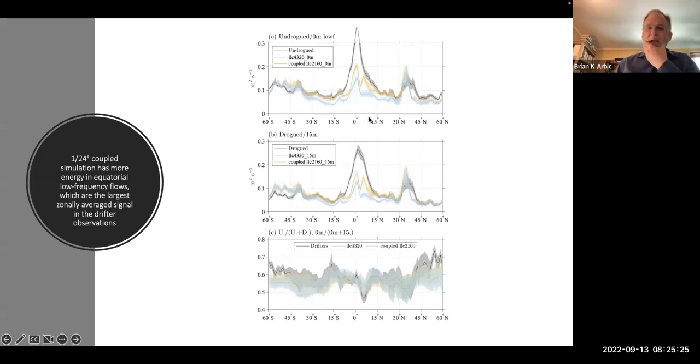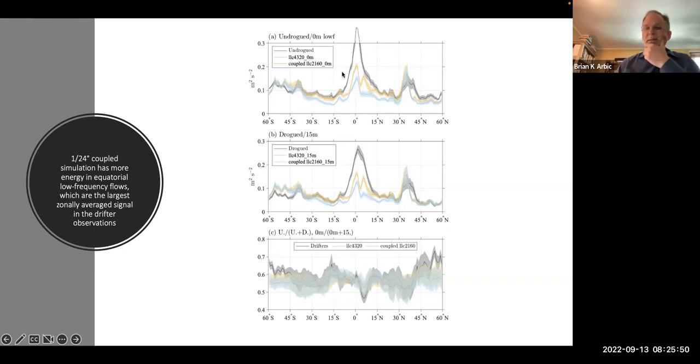Now the blue denotes the uncoupled MITgcm that we've been looking at before, and the gold represents the coupled. I personally think it's really interesting that when you have the much more frequent coupling, you crank the equatorial energy up by quite a bit, and it starts to get closer to what you're seeing in the drifters.